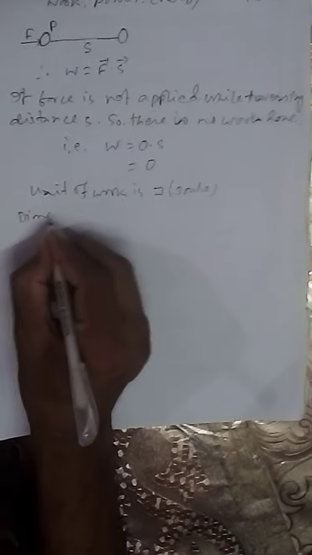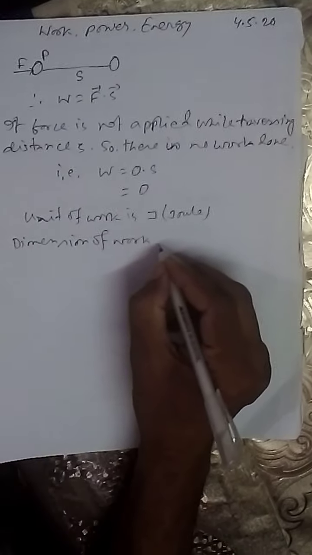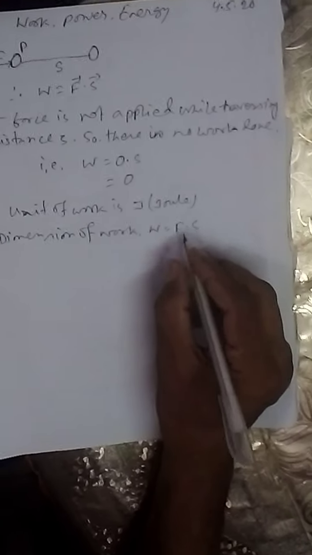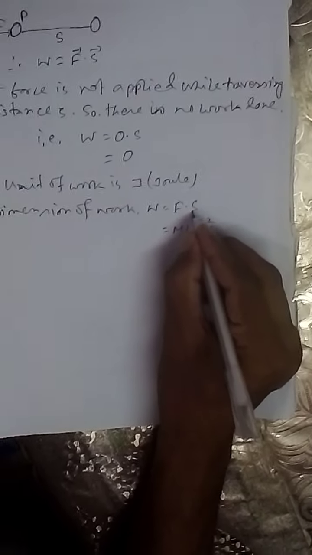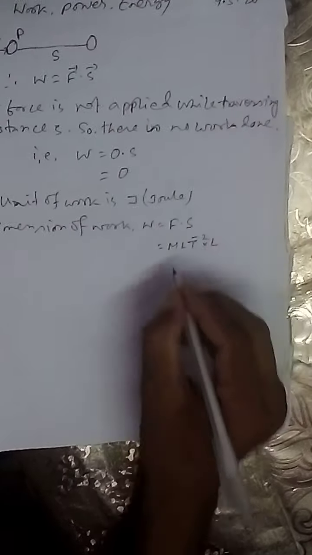Dimension of work: we know W is equal to F dot S. Then we can write the dimension of F, that means force, is equal to MLT^-2, and the dimension of S, the displacement, is L. Then ML^2T^-2. Finally, the dimension of work is ML^2T^-2.